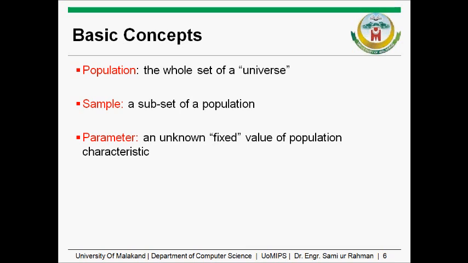So why in these surveys are few sets taken and not the whole population? What's the reason? Yeah, it's too expensive to consider the whole set, and it may be impossible.